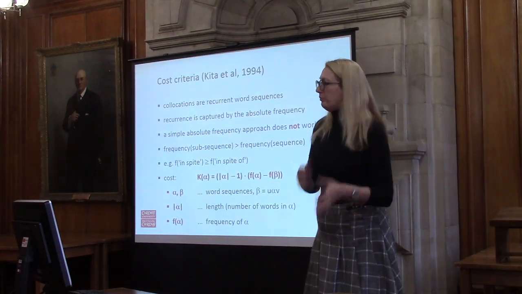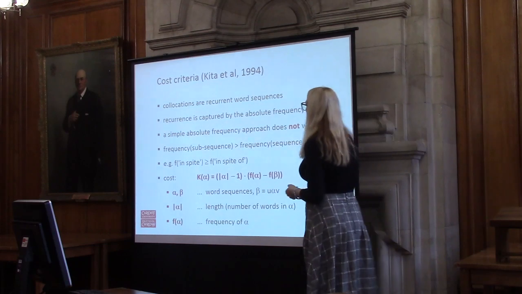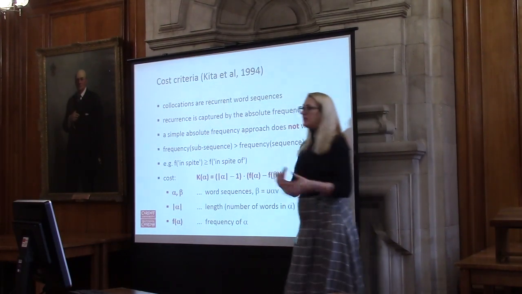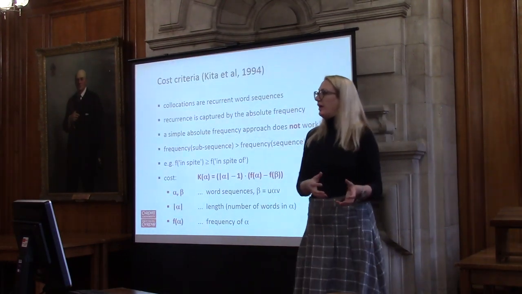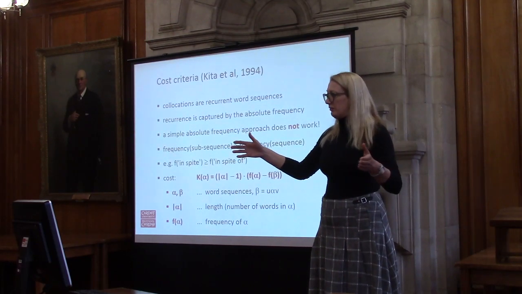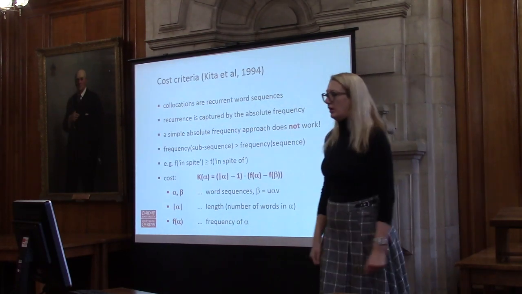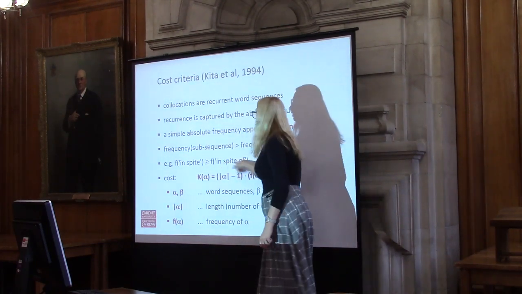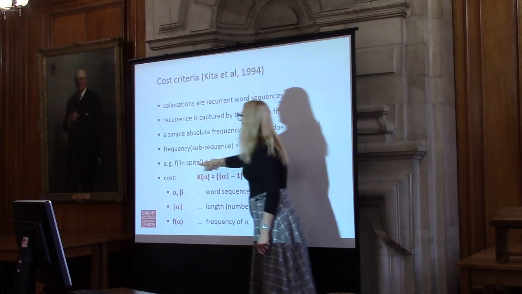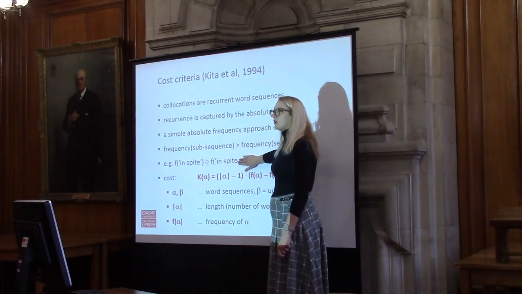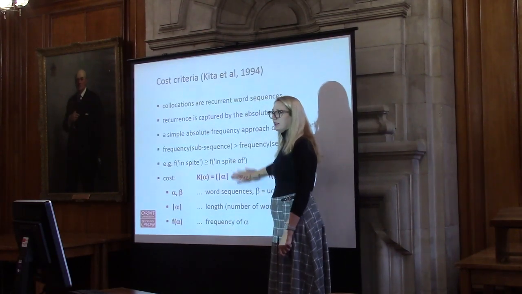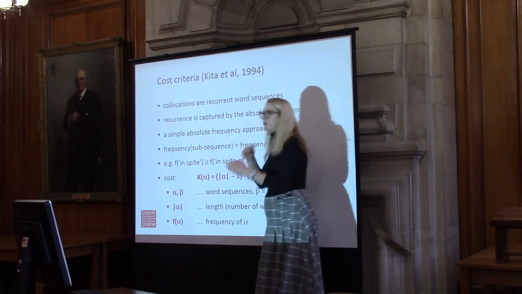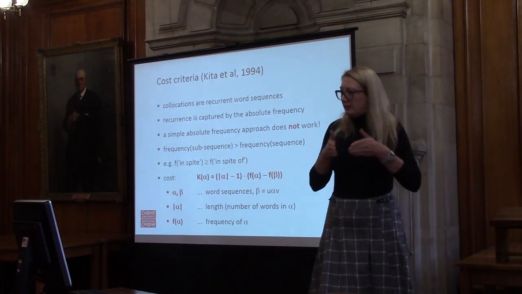But if you use simple absolute frequency, that will not work. Why? Because every subsequence is going to have higher frequency than the longer sequence. So it's not going to favor longer combinations of words. For example, in spite of is a collocation, but in spite will occur more frequently than this one. So you somehow want this to be higher ranked than the subphrase.